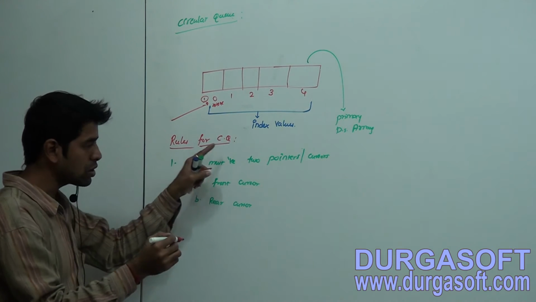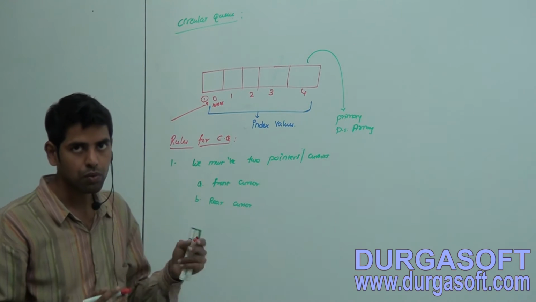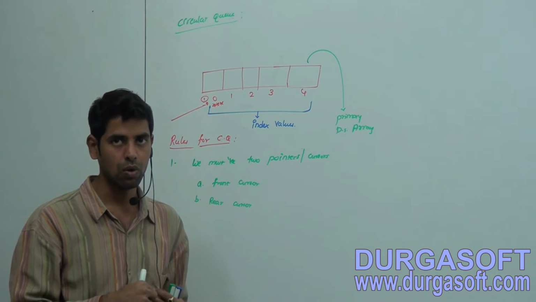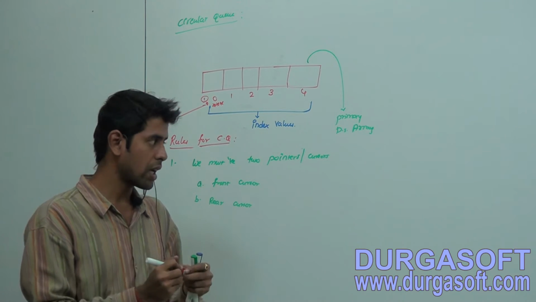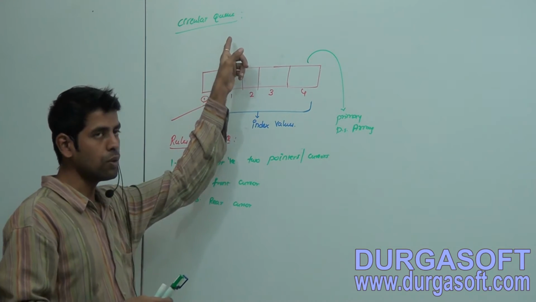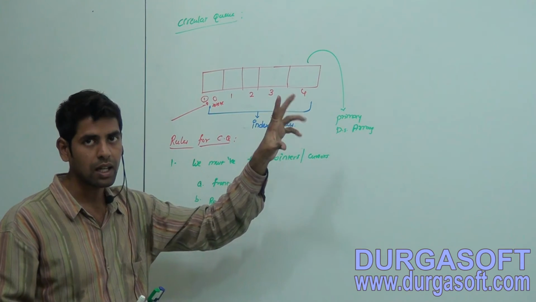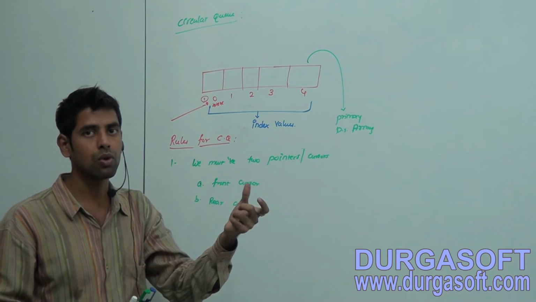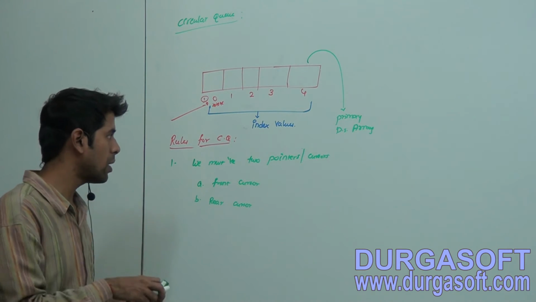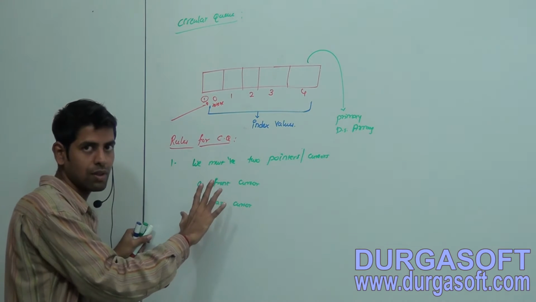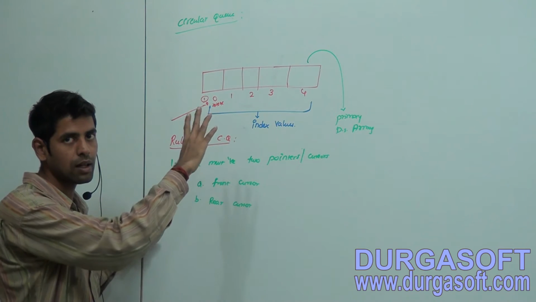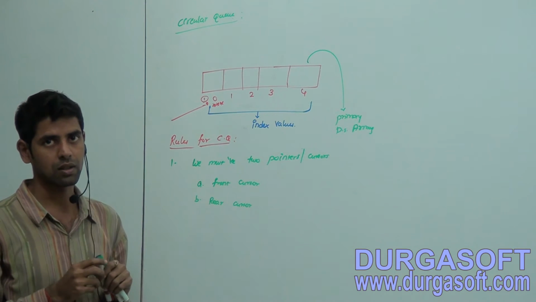Friends, these are all the rules which we have to follow so that we can achieve the circular queue data structure to store our data. If you develop your code by using these rules, that's it, you will get the circular queue data structure.